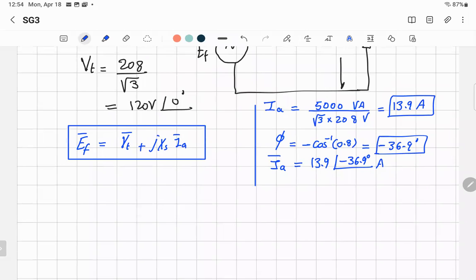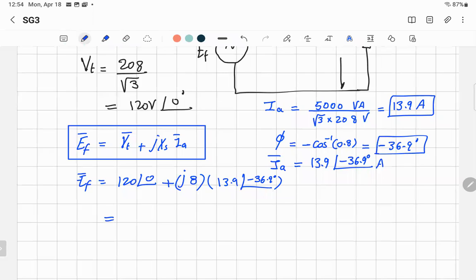So EF as a phasor is equal to VT, which is 120, we already got it, at angle 0, plus j8, which is the reactance, times the current. We got the current equal to 13.9 at angle negative 36.9.